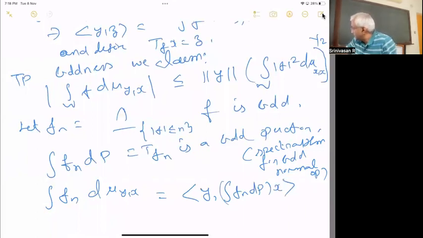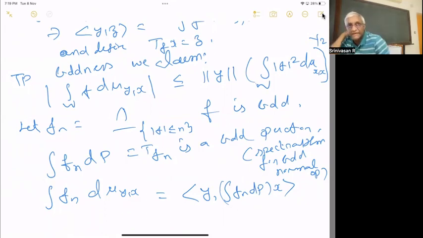Yeah, there is something called Bochner integration. You can have the x inside and then integrate it. You are taking functions taking values in the Hilbert space, the Banach space.